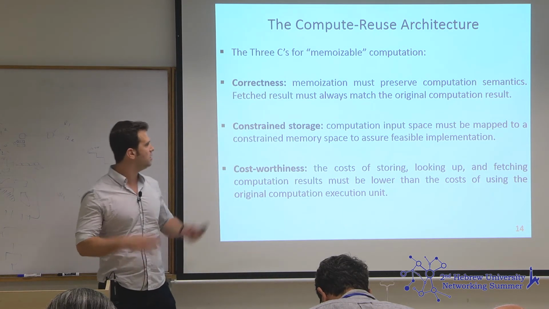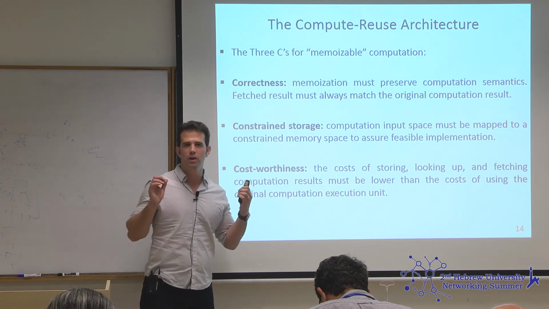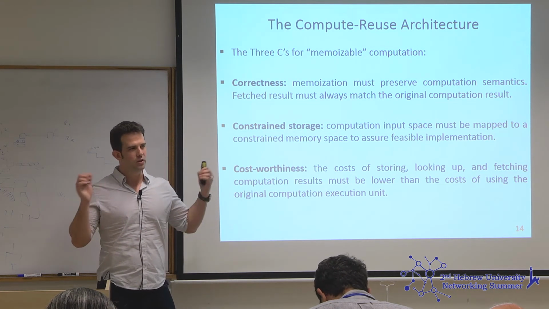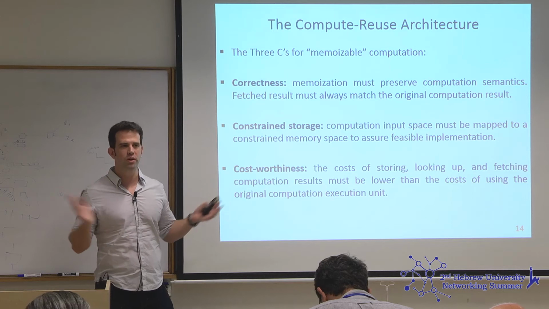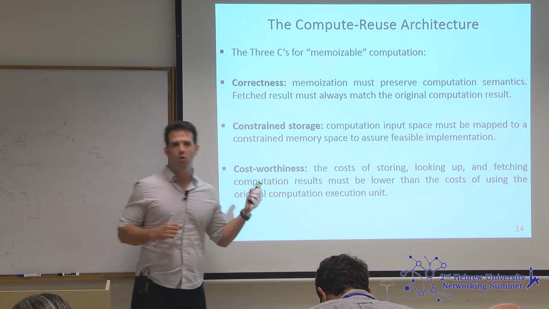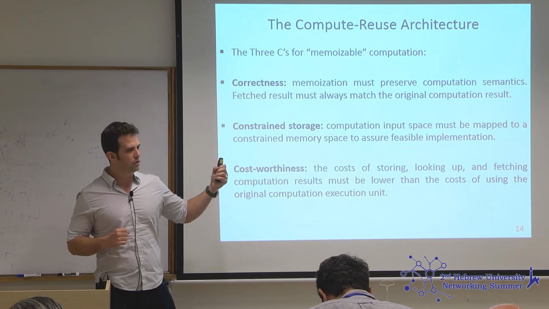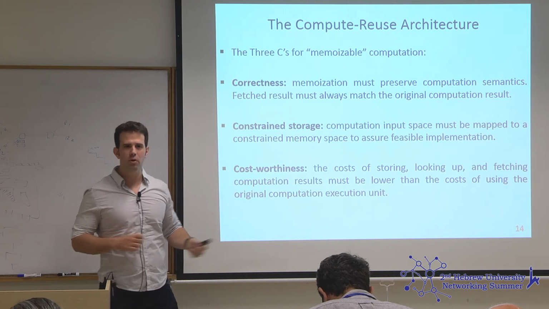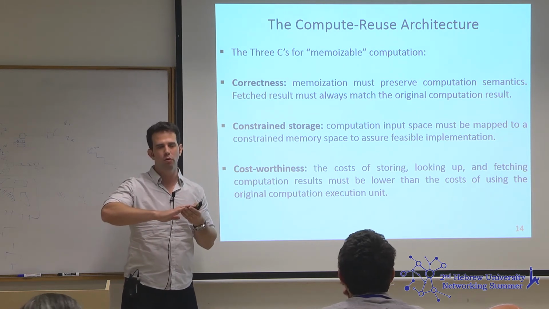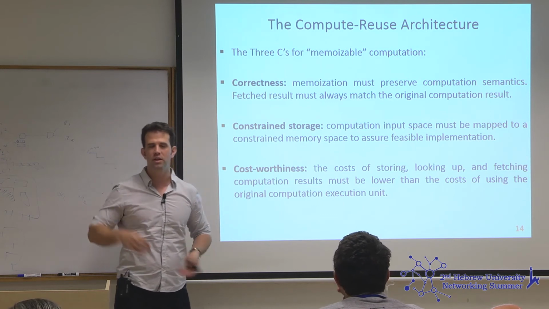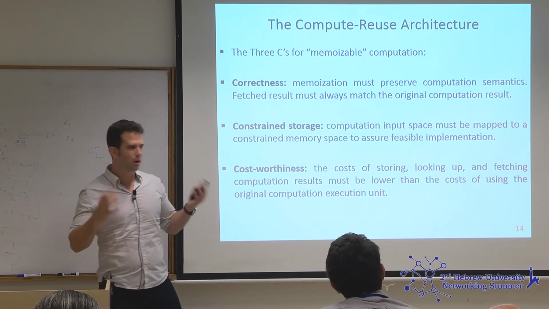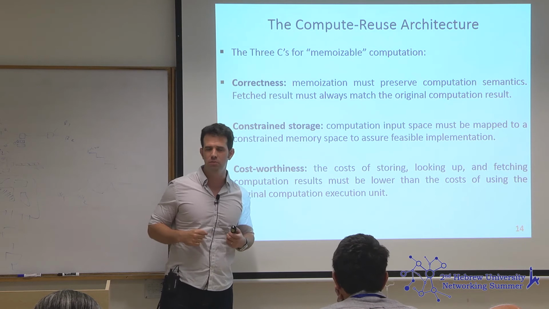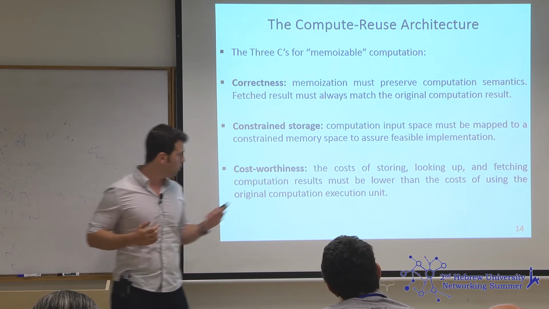The second C is constrained storage, because if our input is really random and uniformly distributed, we're saving the inputs as keys to the table, and we'll have tables that can grow to trillions and trillions of entries, and it won't be feasible to implement using existing memory technologies, and it won't be cost-worthy.